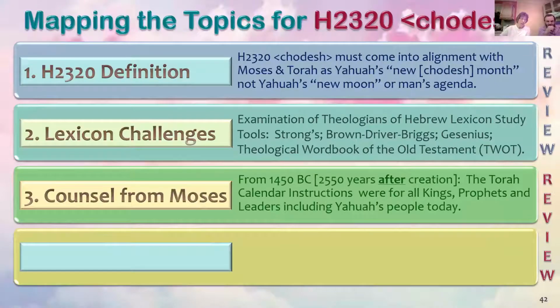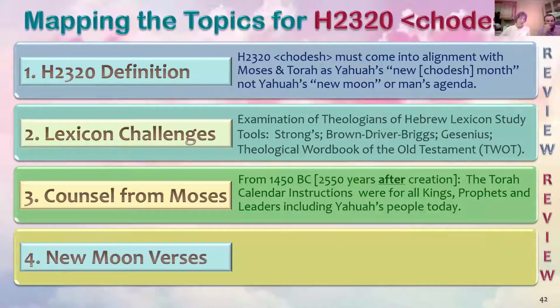The next time, we had counsel from Moses, all the way from 1450 BC, and that is over 2,500 years after creation, where his Torah calendar instructions were for all the kings, prophets and leaders, including Yahuwah's people today. We went through 1,000 years of history, through those 20 verses, and saw that everything was linking back to Moses.